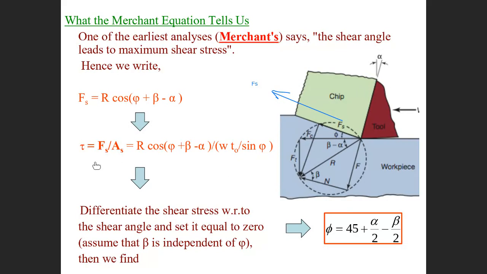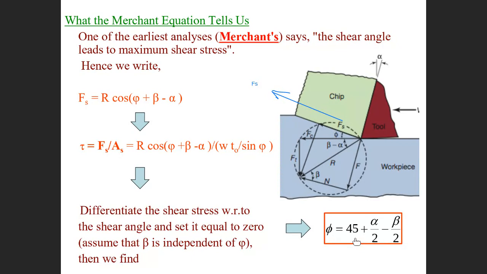If you differentiate the shear stress with respect to the shear angle and make it equal to 0, you get the maximum shear stress. When you do that, you get the equation φ = 45 + α/2 − β/2. So you can see this equation shows the relation between φ, α, and β.